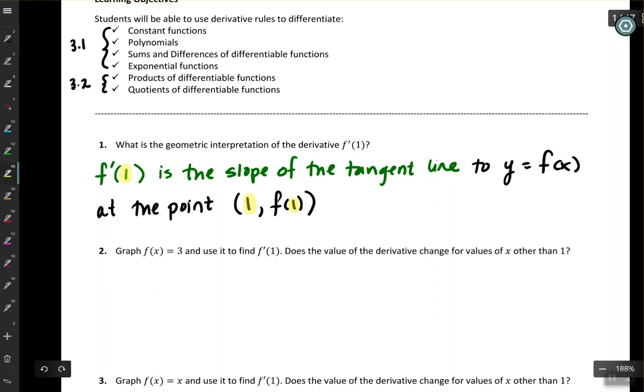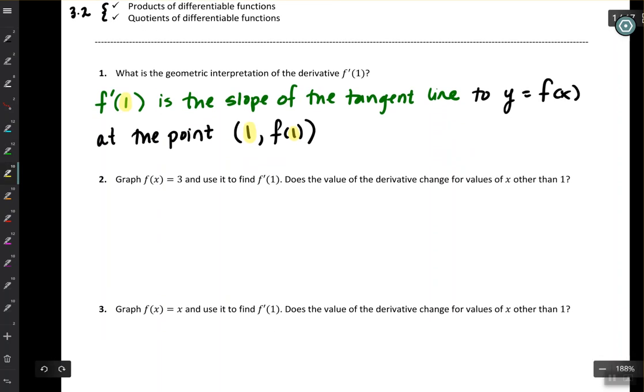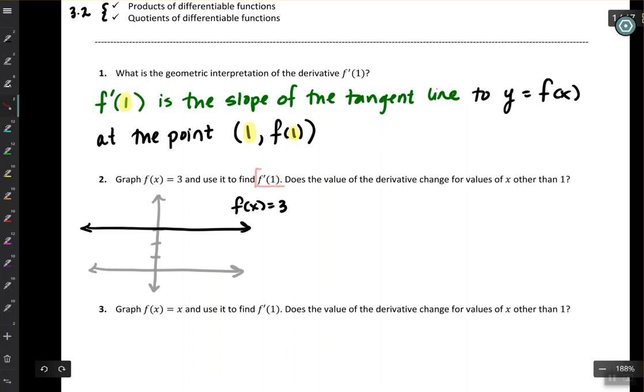Okay? So with that in mind, let's consider this constant function, f of x is always 3, or y is always 3. So here's f of x. Y is always 3. And first, I want us to go ahead and think about what f prime of 1 is.